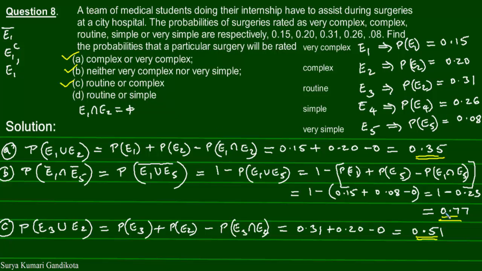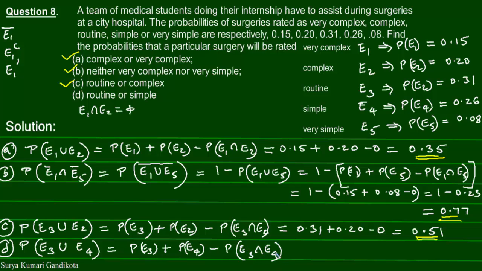Then the last one is routine or simple. So the last bit is D. The probability that routine or simple. Routine is the event E3, so it is E3 union simple. It's not very simple, just simple. So simple is E4. This is equal to P of E3 plus P of E4 minus P of E3 intersection E4. Again E3 and E4 are mutually exclusive events, so this probability is 0.